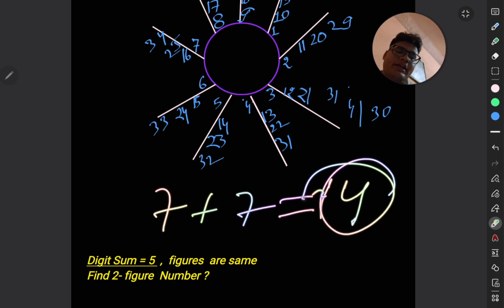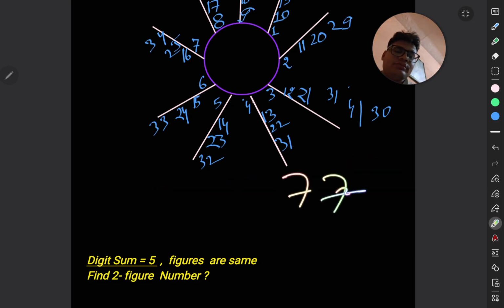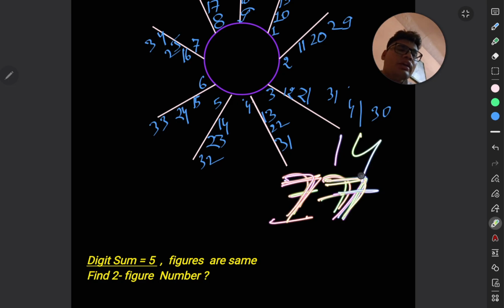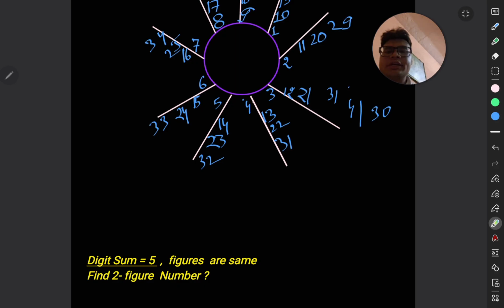So we can write 7 and 7 as 77, and if we add these digits, 7 and 7, we get 14, and 14 has digit sum 5 as we discussed.